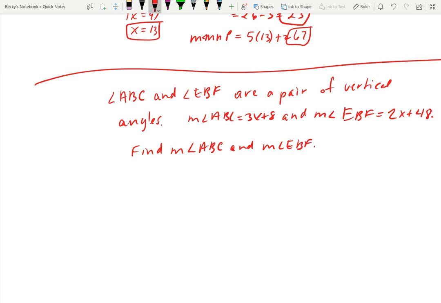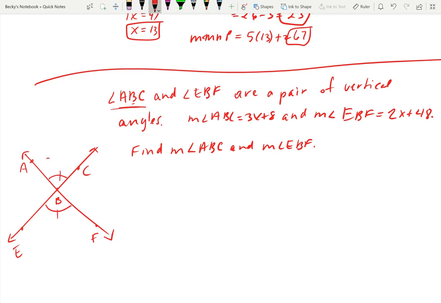Okay, so I'm a very visual person, and I hope you can read my scratchy handwriting. I have to draw this out. Remember the middle letter is the vertex. So A, the middle one is B, C, and then its vertical angle would be this way, E, B, F. They're a pair of vertical angles, so we know these are congruent.